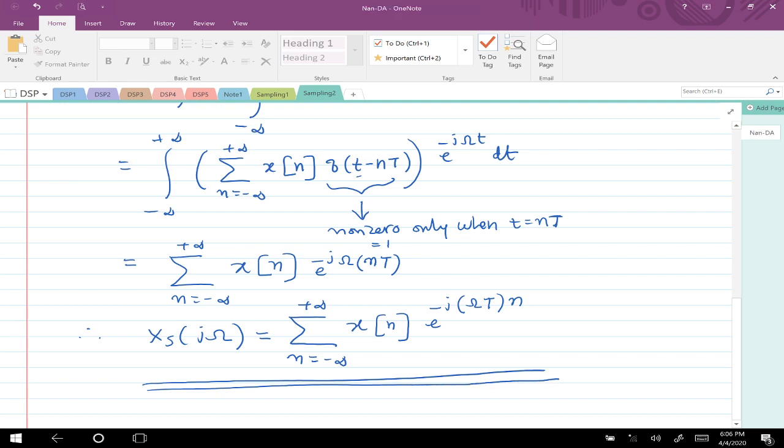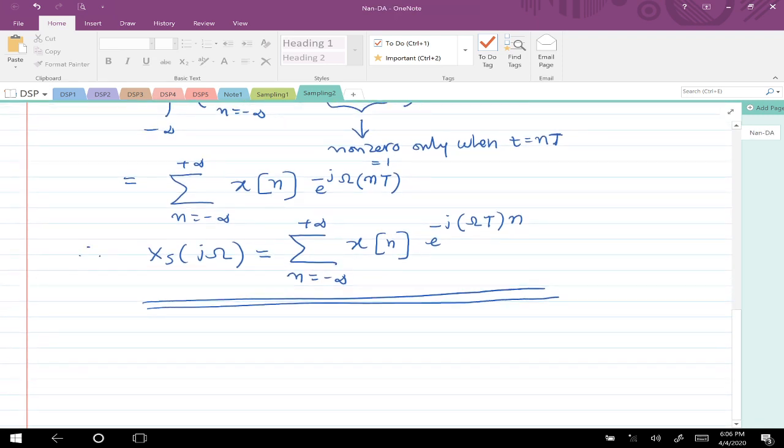Now suppose x of n we know. Already we know that x of n is a discrete time signal. The DTFT of it is X of e power j omega.